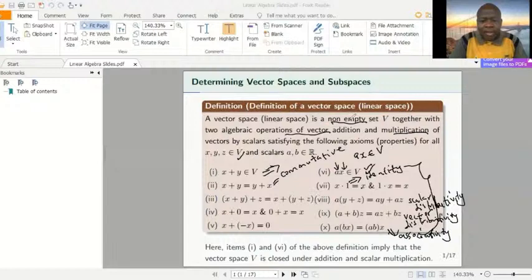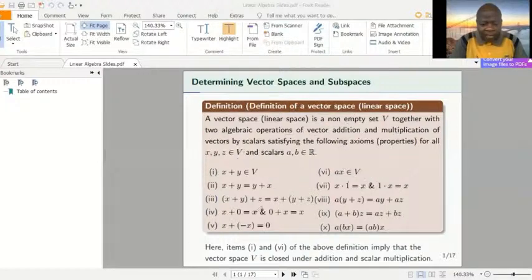Now, there's something I've said here. I've said that items 1 and 6 imply that the vector space is closed under addition and scalar multiplication of vectors.